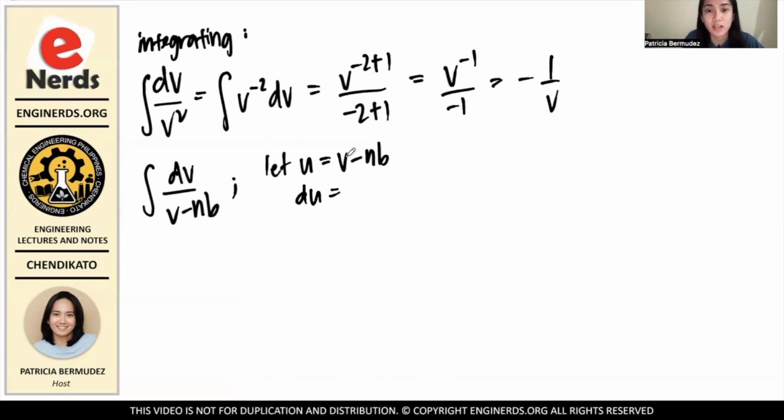It's also 1. And what is the derivative of NB, which are constants? 0. So it's 1 times dV. Let's take out the 1, so it's just dV. Therefore, we replace dV with dU, and this one with U. This becomes dU over U. What is the integral of that? It's basically ln of U.